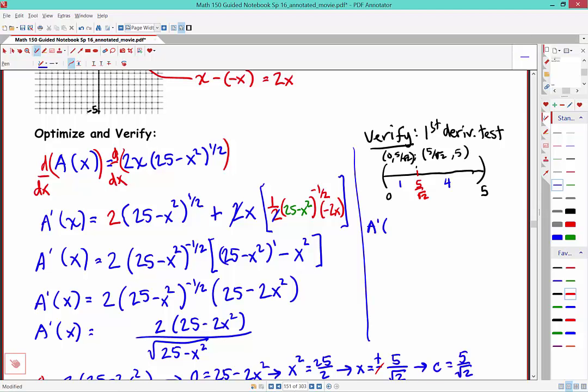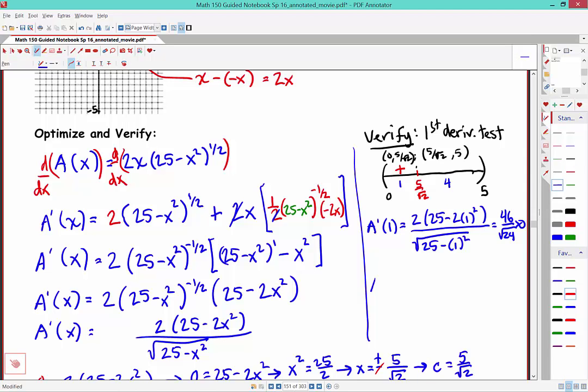So A prime at 1 is 2 times 25 minus 2 times 1 squared all over the square root of 25 minus 1 squared, which will be positive over positive. So if you get the actual number, you'll get 2 times 23, I think we get 46, over root 24, which is greater than 0. So over here, we'll have a positive.